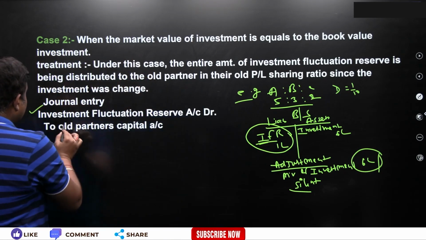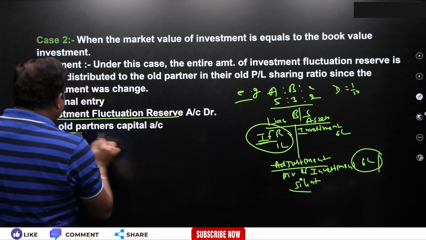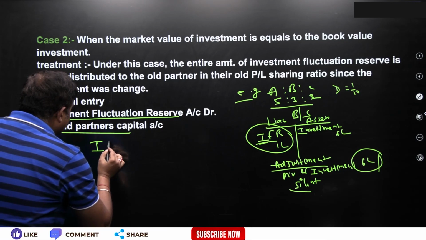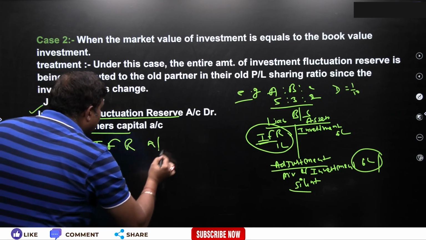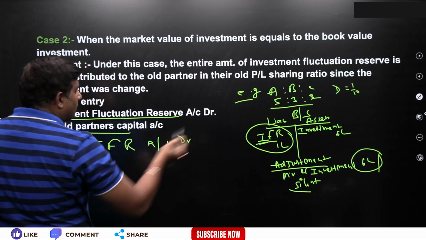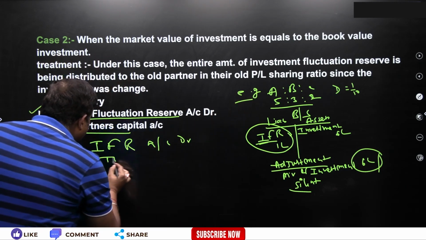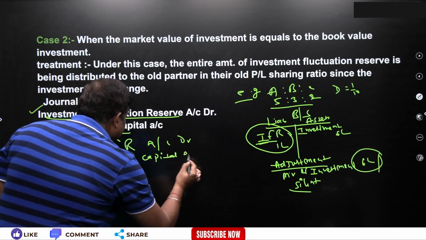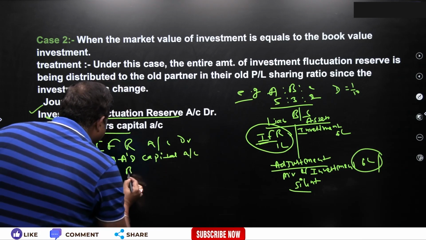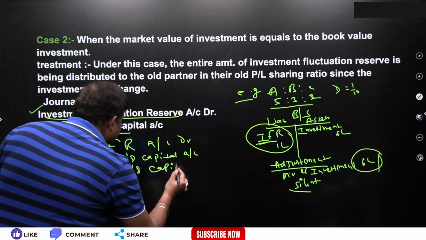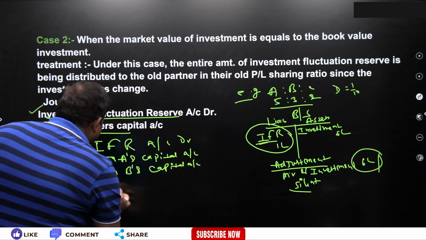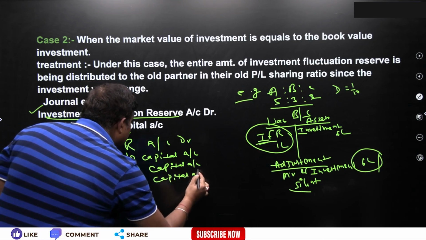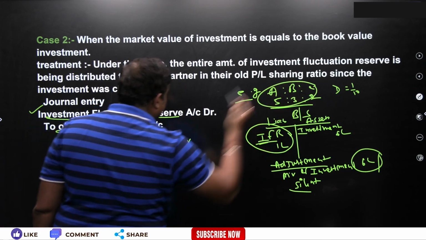So for this, the concept is investment fluctuation reserve account debit to old partners' accounts. I'll just put this amount. As per this example, the old partners' names are also mentioned, so I have to take A, B, C. Investment fluctuation reserve account debit to A's capital account, to B's capital account, to C's capital account, and this 1 lakh has to be distributed to all the partners in their old profit and loss sharing ratio.